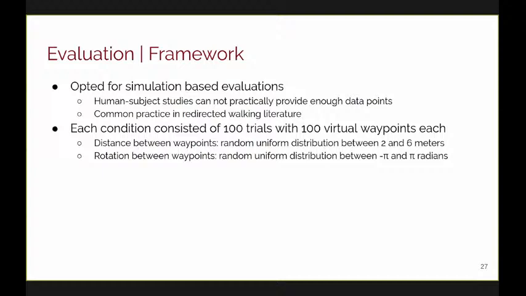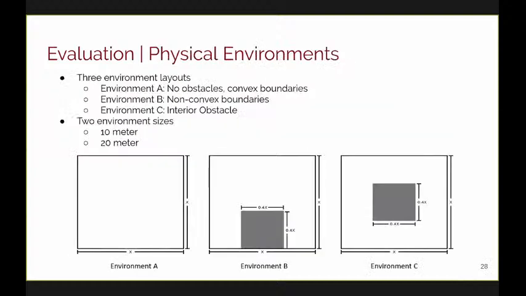For each condition, there were 100 trials, and each trial had 100 virtual waypoints. The waypoints were created in ways that were detailed in previous redirected walking literature that also used simulation. We chose to evaluate 3 different physical environments.